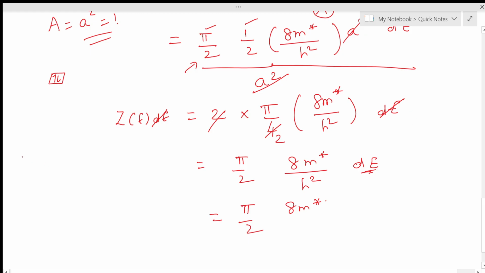Now h is called Planck's constant, and h cross is the reduced Planck's constant. Reduced Planck's constant is equal to h by 2 pi. Therefore, h is equal to 2 pi h cross, and h square is equal to 4 pi square h cross square.